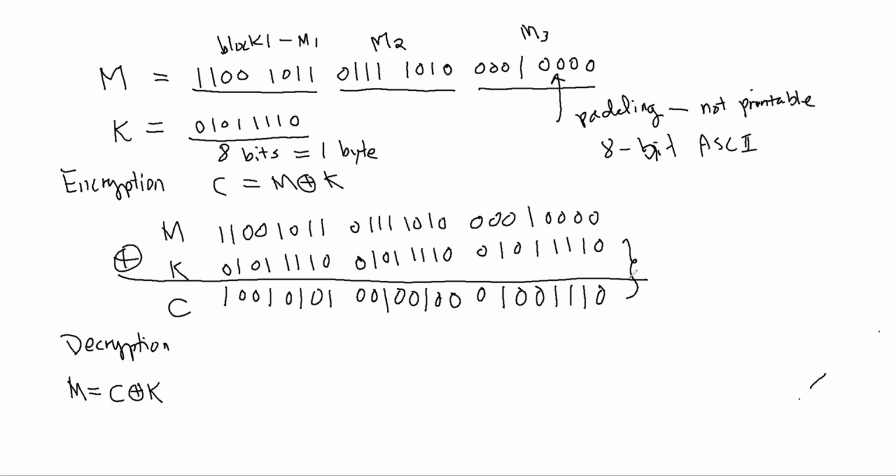When we do encryption, we do this pairwise exclusive OR on these two rows. So this is encryption. For decryption, we are going to use these two lines.